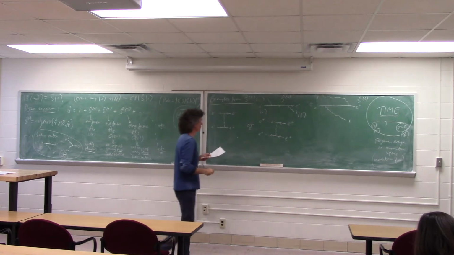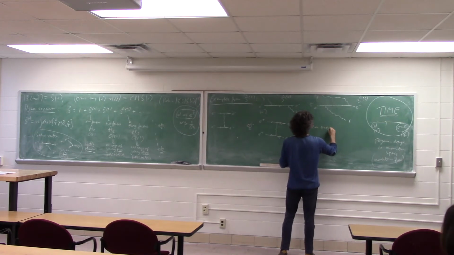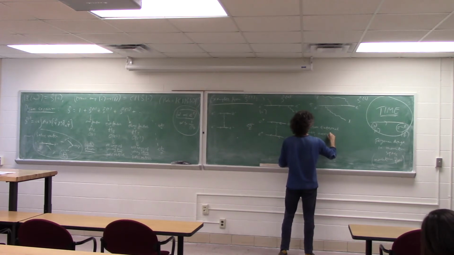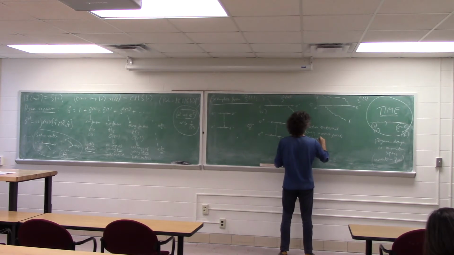So for positron external lines, the arrows point backwards.